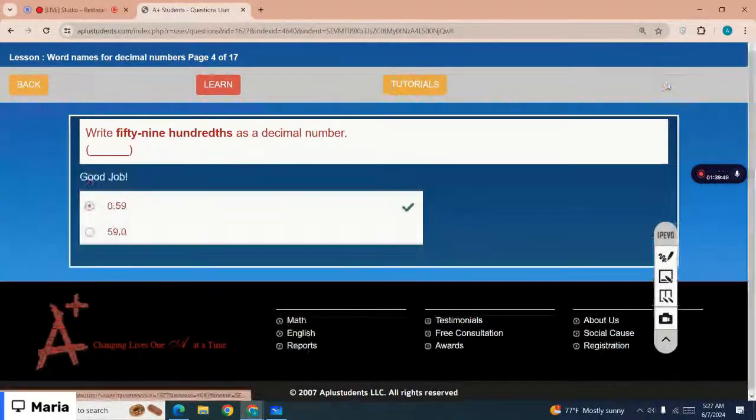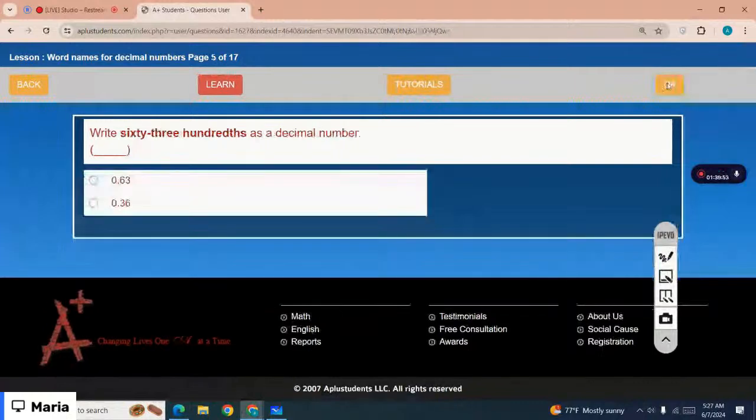It is 0.59. 63 hundredths. Yes, that is 0.63. Option number 1 is the correct option.